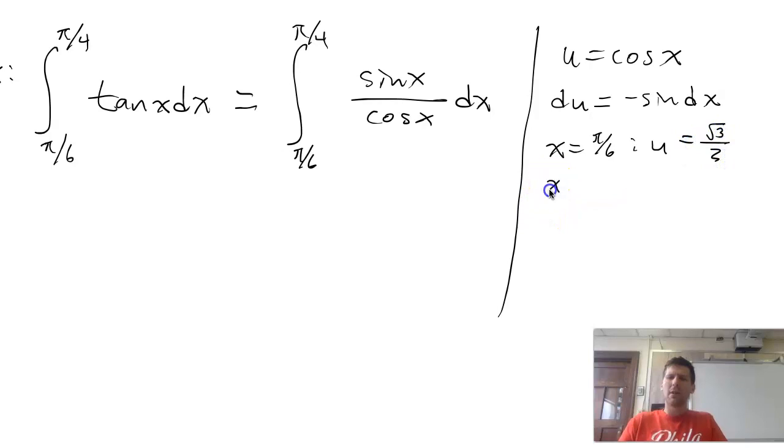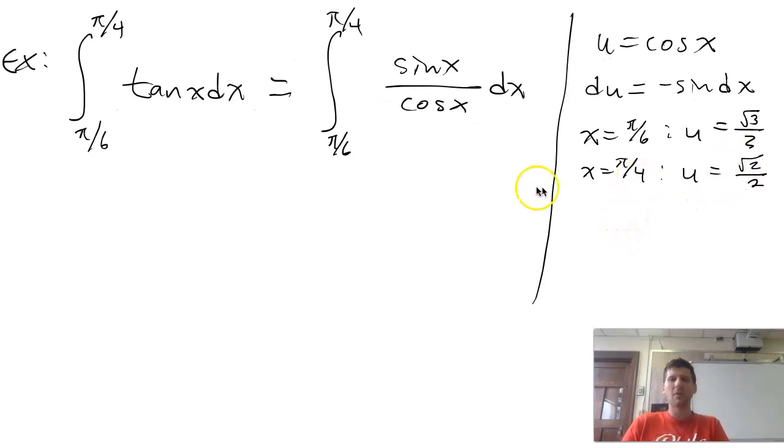When x is pi over 4, that's 45 degrees, so the cosine is root 2 over 2, or some of you may have seen 1 over root 2, either one is correct. So I could change my bounds, let me rewrite it in terms of u.